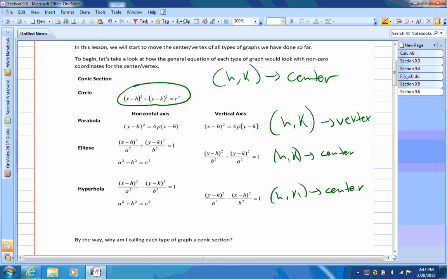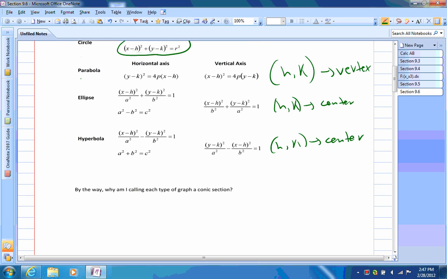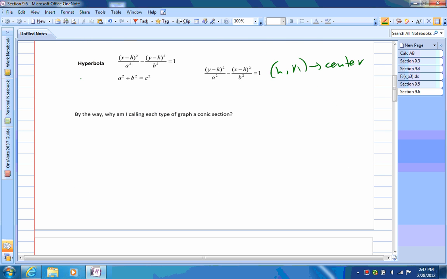Not sure if you've noticed, but notice how I'm labeling each type of graph, or the category I'm using for each type of graph. I'm calling it a conic section. So here's a question I posed to all of you before we do our examples on the next few pages. Why am I calling each type of graph a conic section?